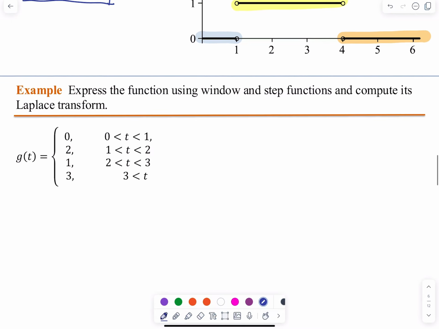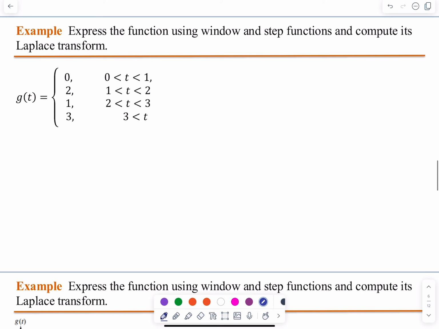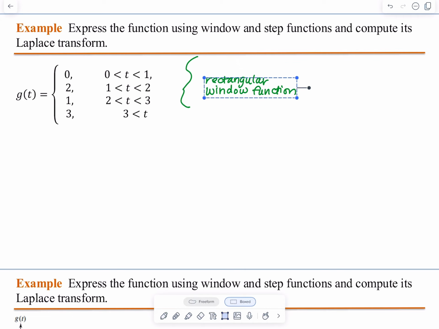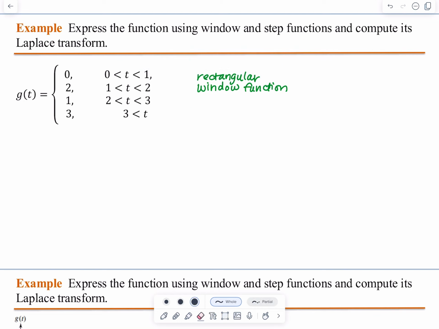Here, we're going to express this function using window and step functions and compute its Laplace transform. So we are actually going to use the rectangular window function on the intervals 0 to 1, 1 to 2, and 2 to 3.